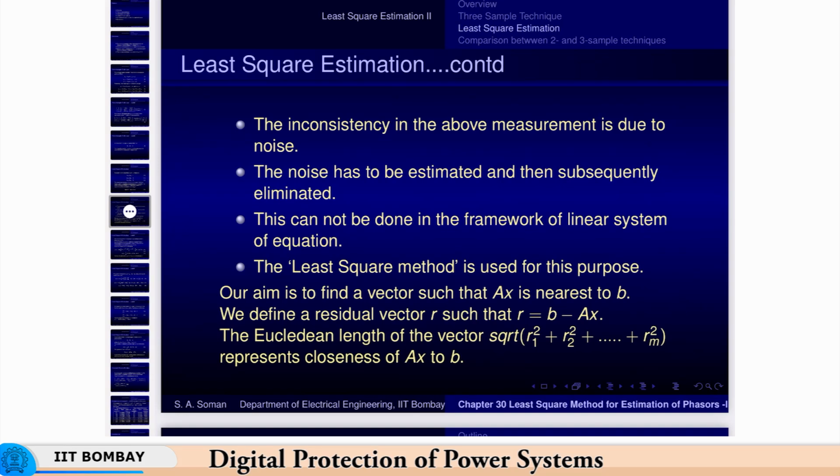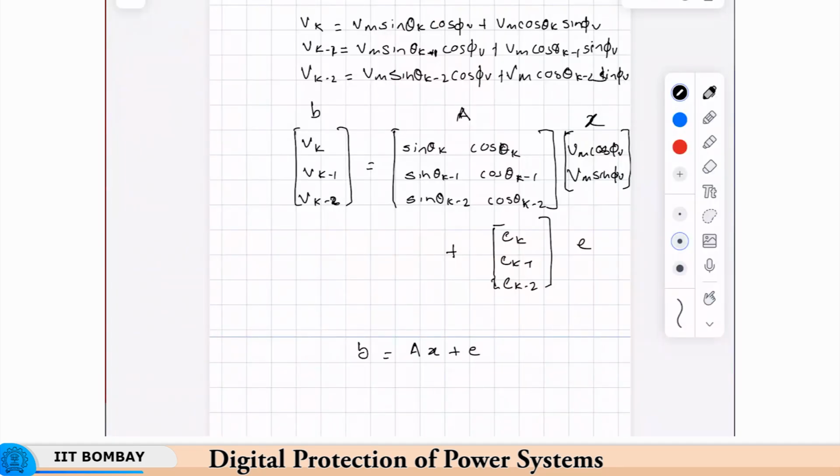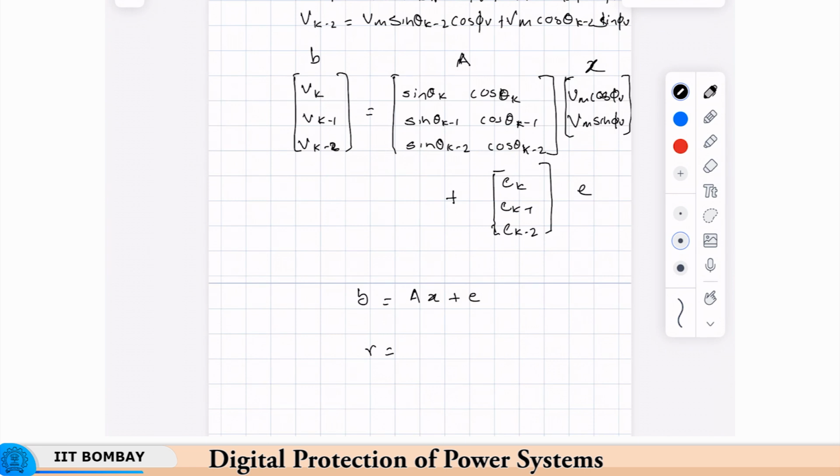So, we define a vector R equal to B minus Ax, and then we minimize the Euclidean length of this R.